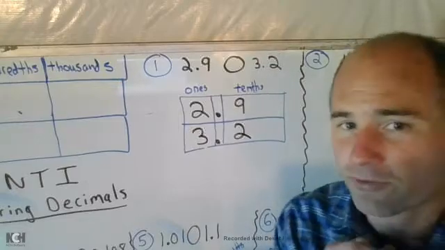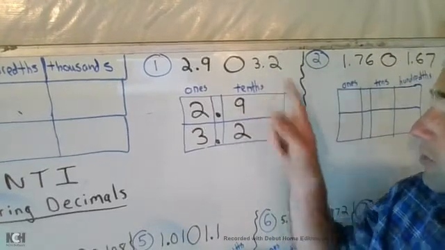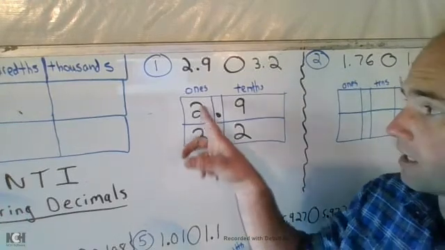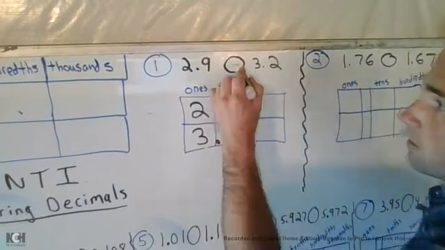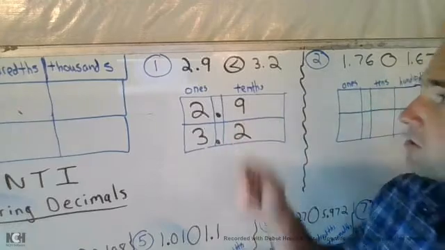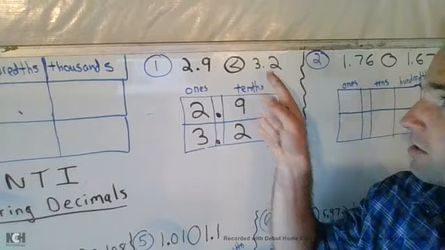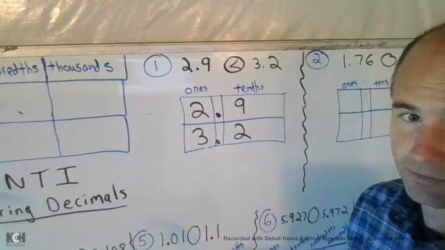Well, I don't have to go too far to realize that 3 and 2/10 is larger, because 3 in the ones place is larger than the 2, which means 2 and 9/10 is less than 3 and 2/10.